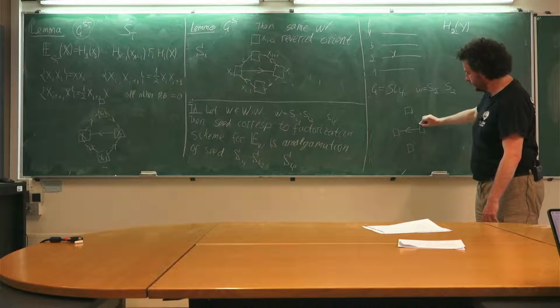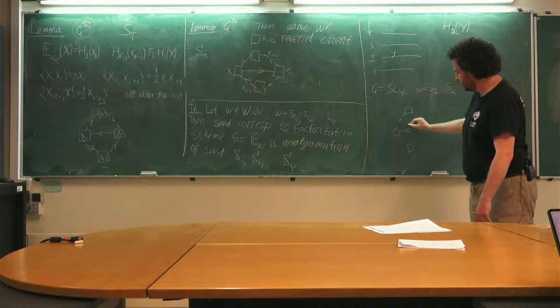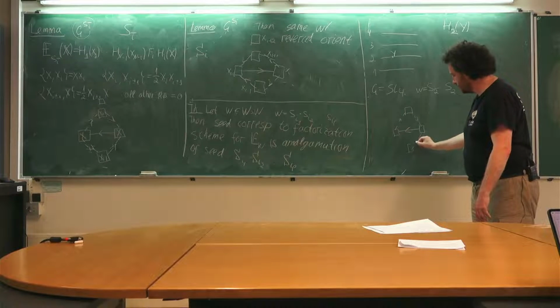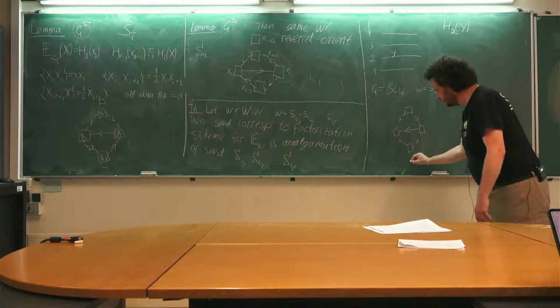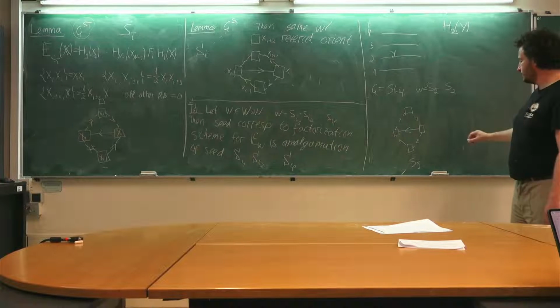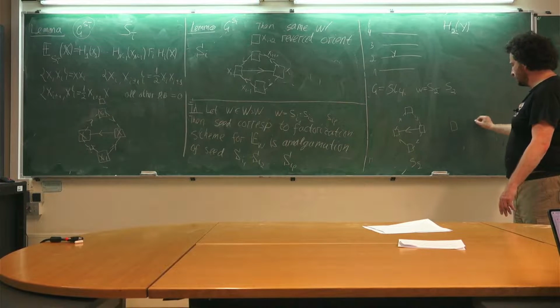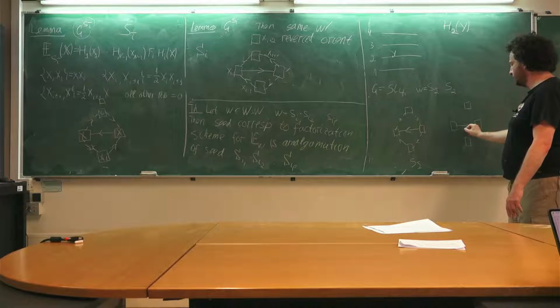And here we have dashed arrows. So this is the S2 bar quiver. And the quiver which corresponds to S2 is the same but with reversed orientation.